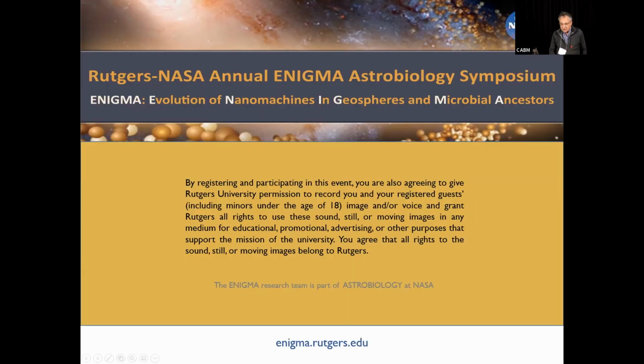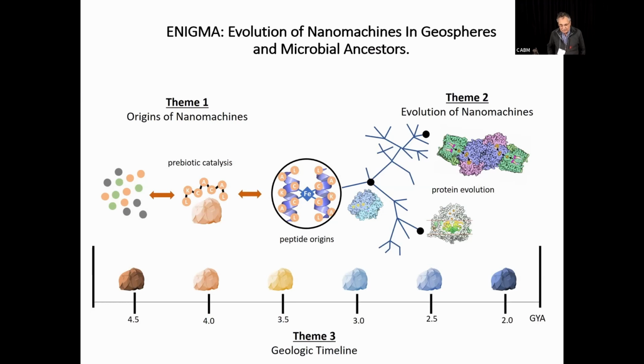Now, I just want to explain to you how we've structured the program. There are 3 themes. Theme 1, which is headed by Vic Nanda, who will be up in a few moments, is focusing on the origins of the nanomachines themselves.